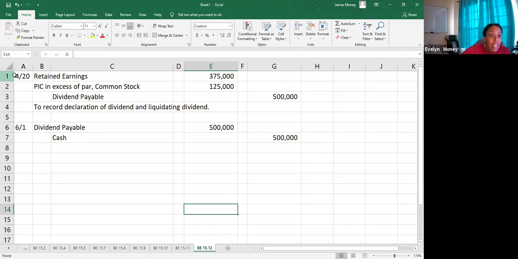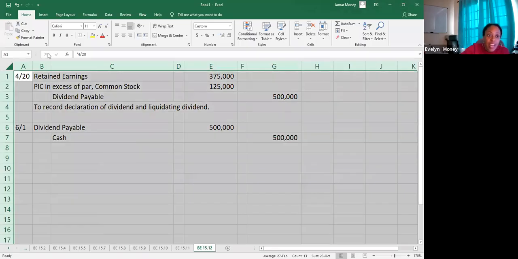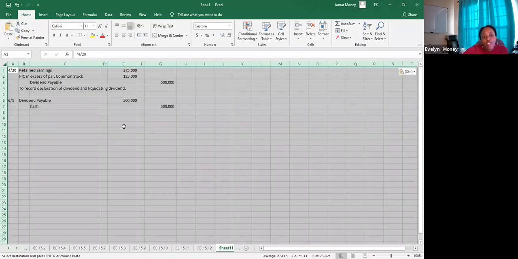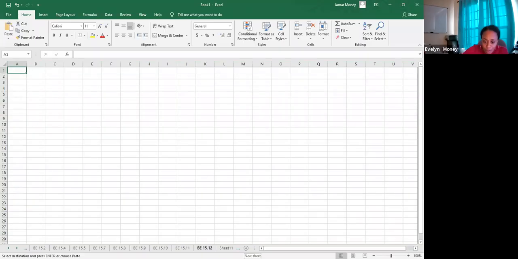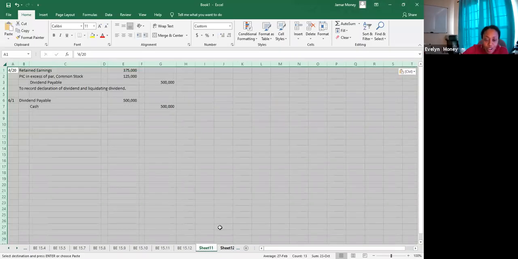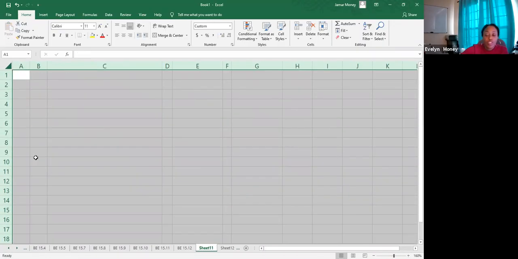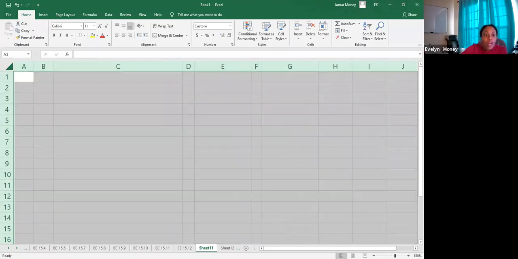So remember, with stock dividends, instead of giving out cash, we're giving out additional shares of stock. So in doing that, we have to determine the value of these shares. In other words, determine how much we're going to debit retained earnings for.